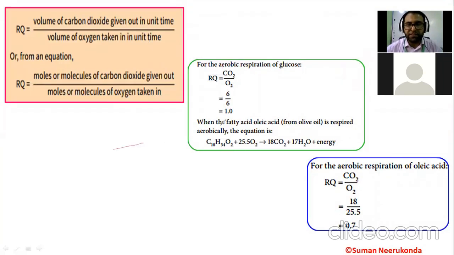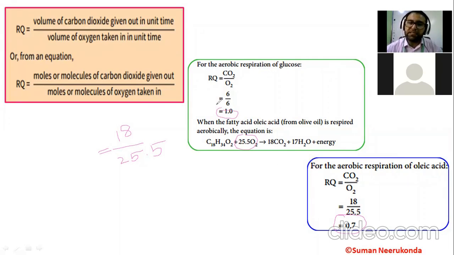Oxygen utilized is 25.5 and carbon dioxide is 18. If you divide 18 by 25.5, you get this value. It means the respiratory quotient for glucose is higher compared to fatty acid.